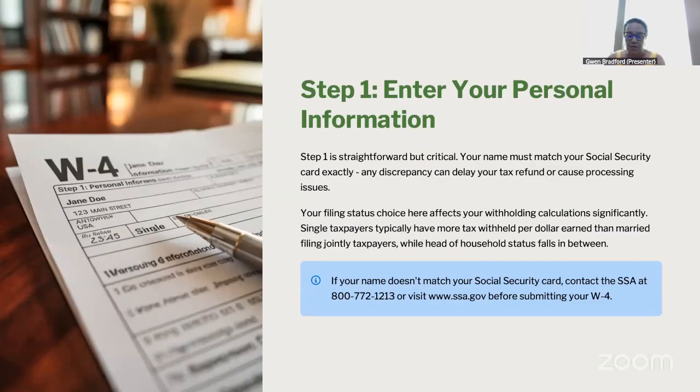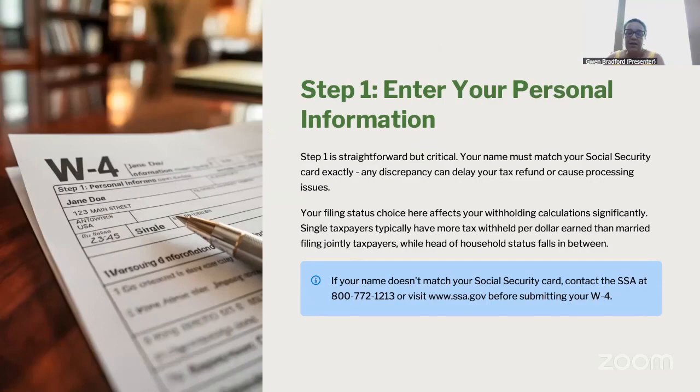It's very, very crucial that you put the correct social security number on your W-4 form, or if you're entering it in a system, that you put the correct information in your system. Okay, you can go to the next slide.